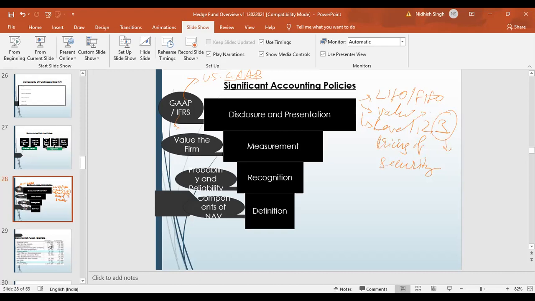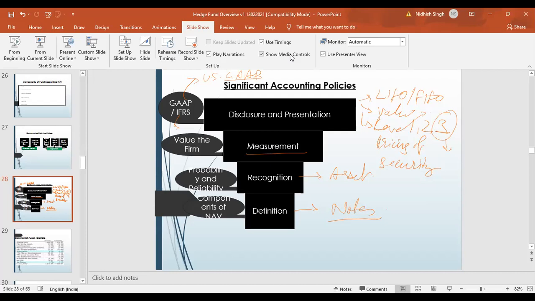Then comes the valuation of the firm, the complete measurement. Then we disclose or we recognize the asset and liability. And later on, the notes, which provide the details of all the different securities, how they are valued, what are the accounting standards, what are the different definitions.